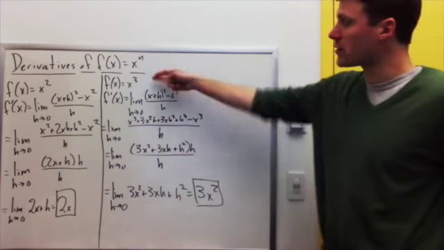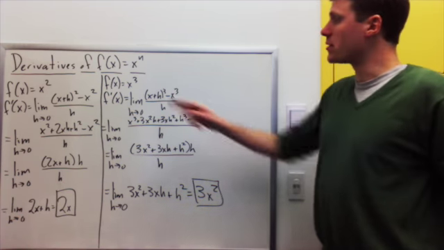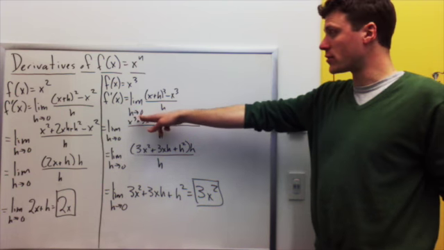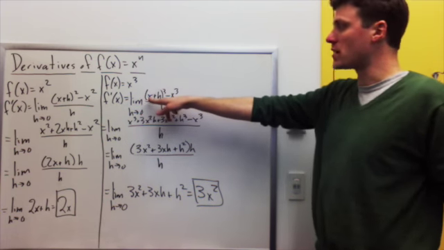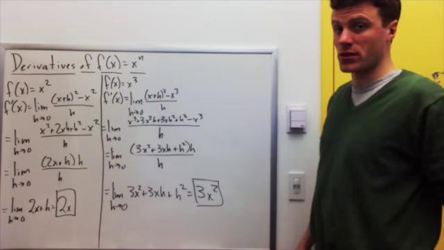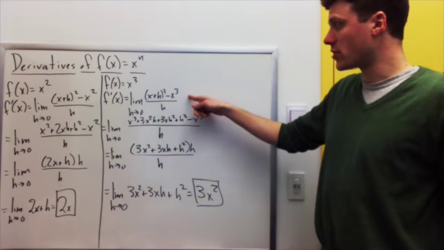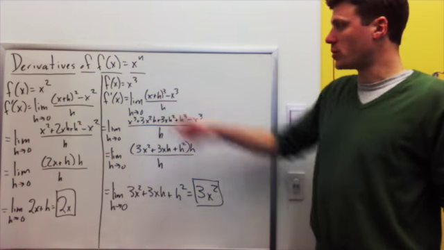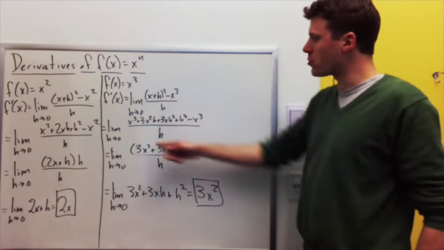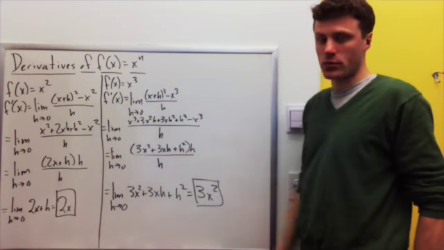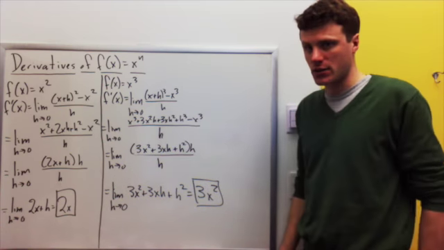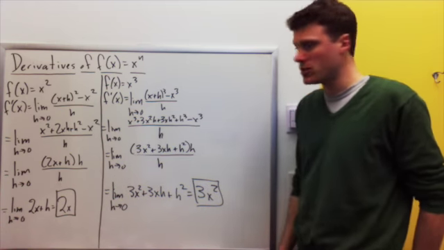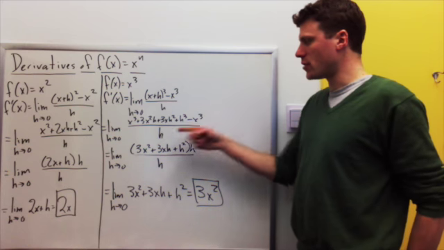Let's try x cubed. So the derivative is the limit as h goes to 0 of f evaluated at x plus h, so that's x plus h cubed, minus x cubed over h. When I multiply out x plus h cubed, there's a formula which gives me x cubed plus 3x squared h plus 3x h squared plus h cubed, minus x cubed over h.